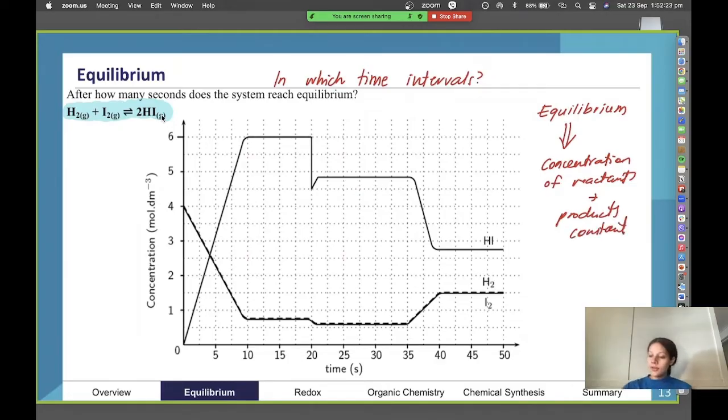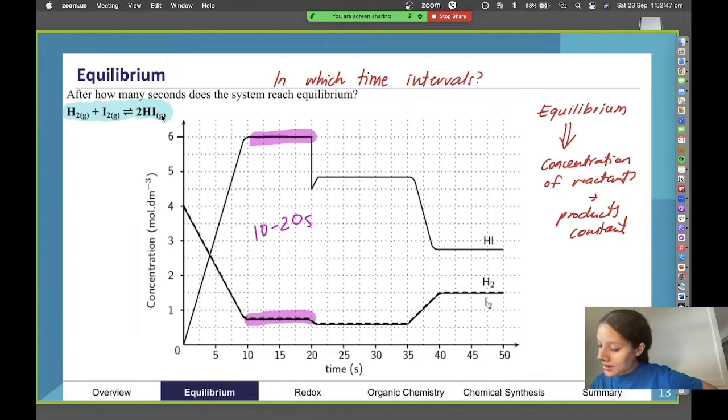So I'm just going to highlight what intervals those actually end up being. If we're looking here, our first bit, I'd say it's probably from about 10 to 20 seconds. So we can put that as our first one. Then we have a little change there in the system.